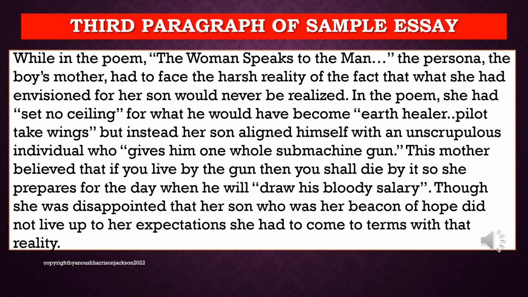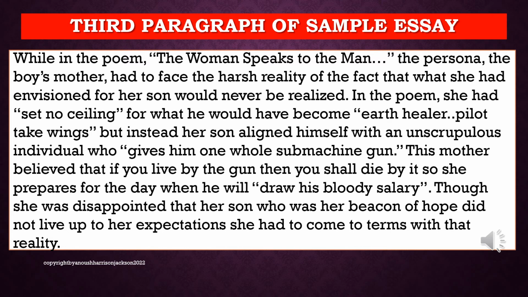While in the poem the woman speaks to the man who has employed her son, the boy's mother had to face the harsh reality that what she had envisioned for her son would never be realized. In the poem, she had set no ceiling for what he would become: "Earth Elo, pilot, take wings."